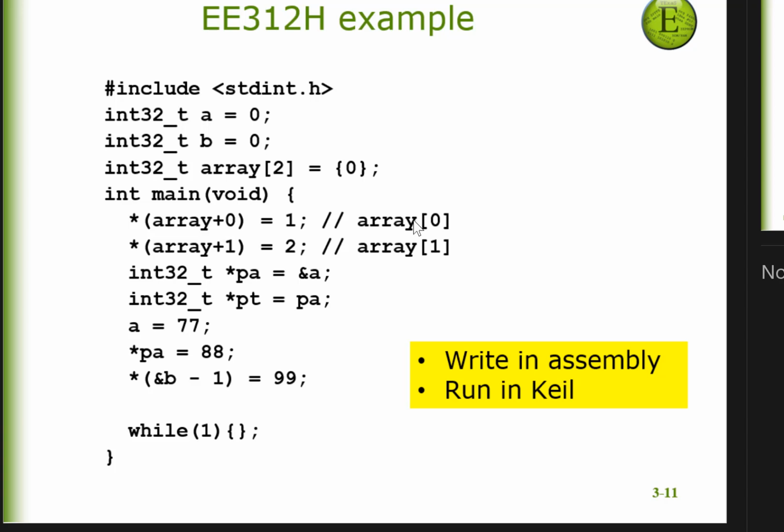It takes 3 instructions to set A equals 0: get the address, put a value in the register and store it. So globals are slow and wasteful. They're also insecure, because you don't know who can access it. I can throw a static in front of it and make it more secure, but it's still slow and wasteful.